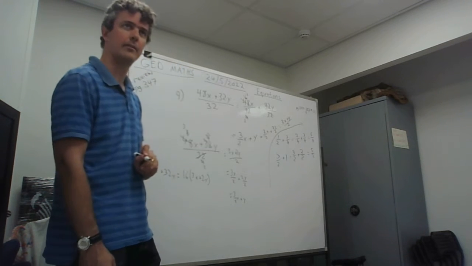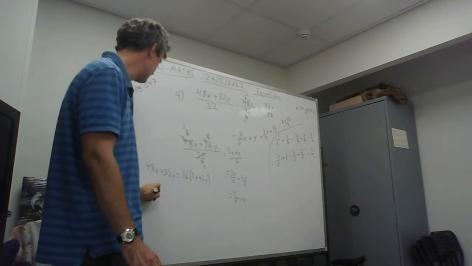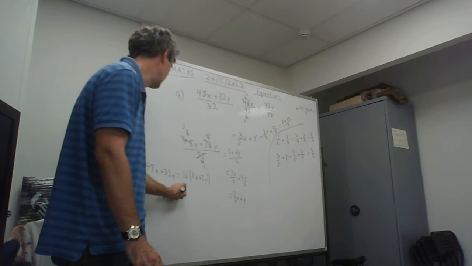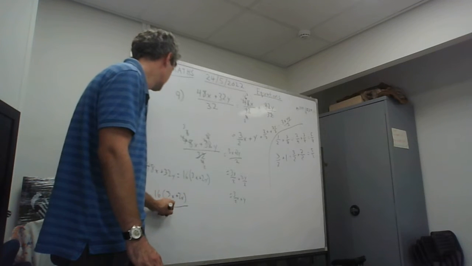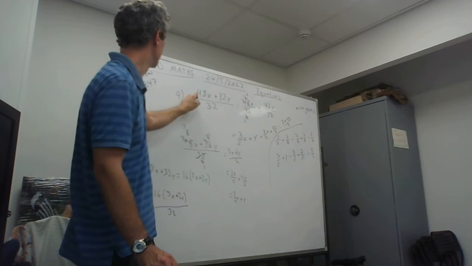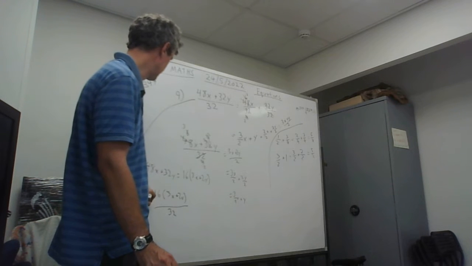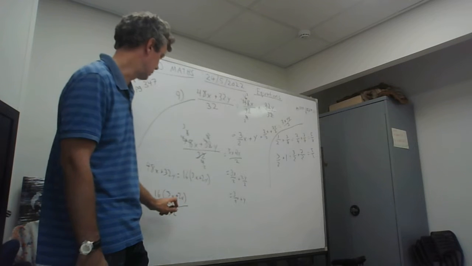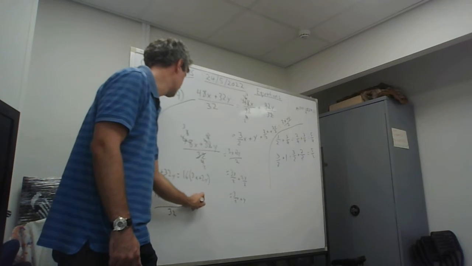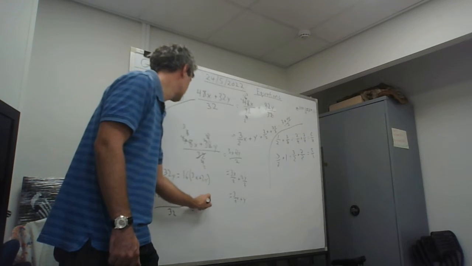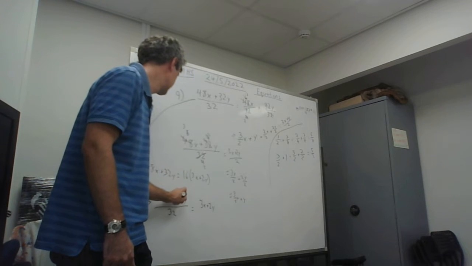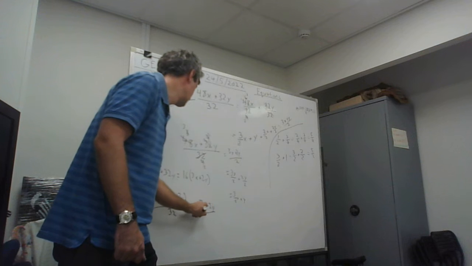So then we could write this as 16 times 3x plus 2y over 32. And then 16 and 32 becomes 1 over 2. So that equals 3x plus 2y over 2.